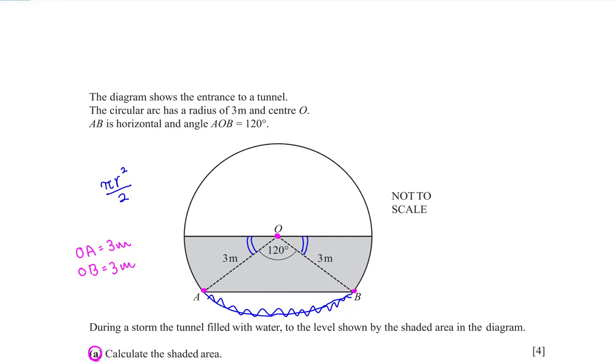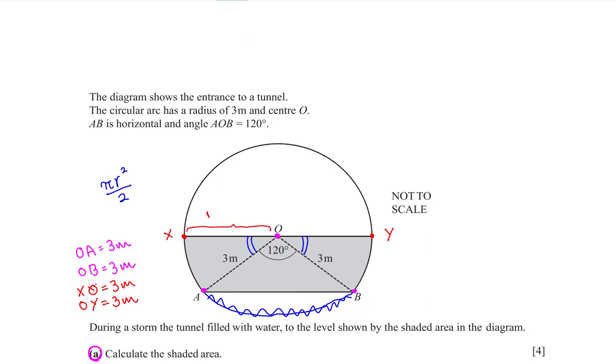If we made another point here, X, and another point here, Y, they would also have the same values as OA and OB. So XO would be 3 meters, and OY would be 3 meters. You know that this is the radius.